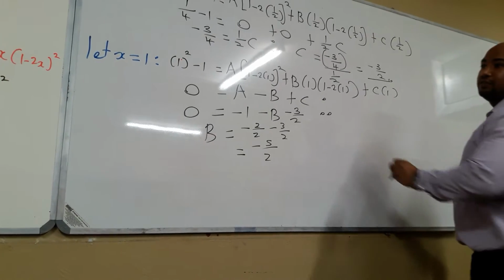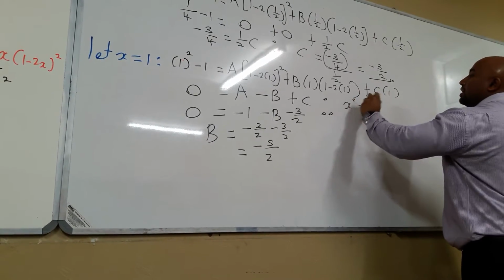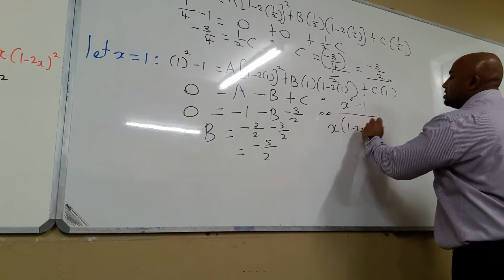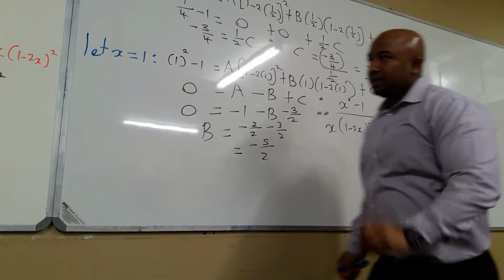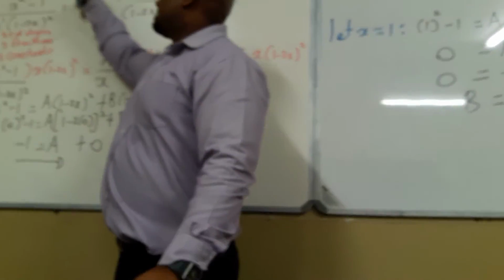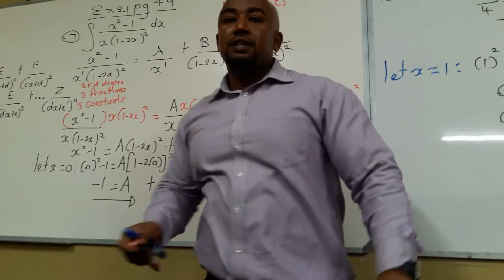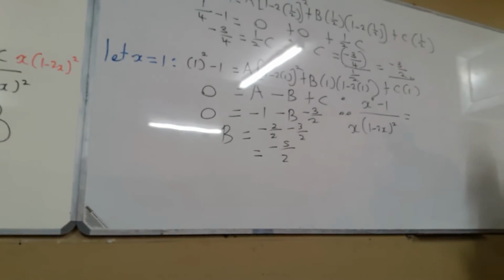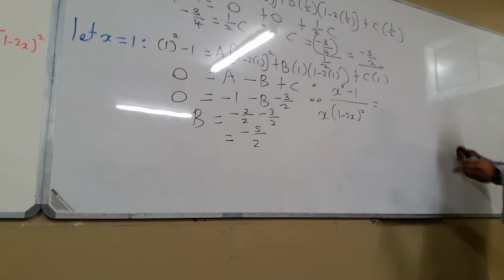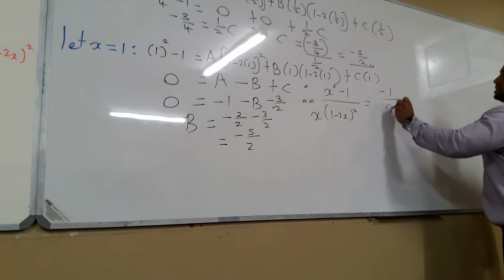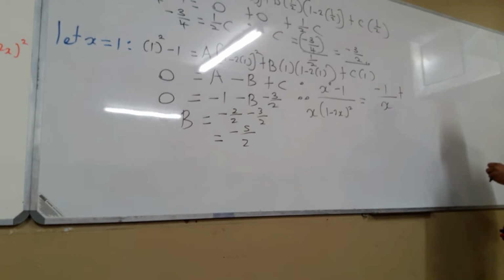Alright, so therefore, x squared minus 1 all over x times 1 minus 2x all squared. I'm going back to the first step here now. I'm going to substitute for a, b, and c. So what was my a here? A was minus 1. So it's minus 1 all over x plus b. What was b?